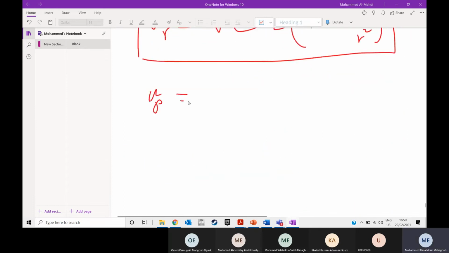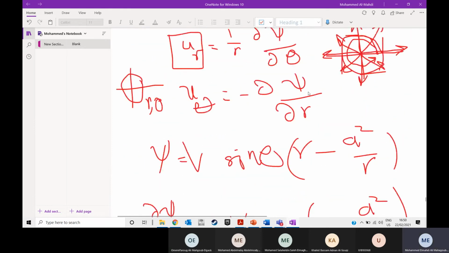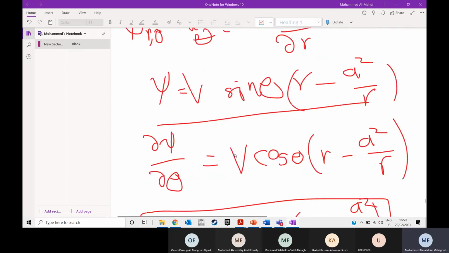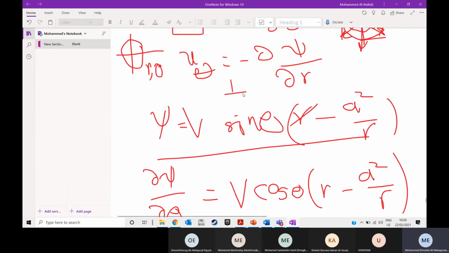Then U theta is equal to, we need to derive with respect to R and then multiply by the negative. So derive the stream equation with respect to R. This R will be gone, it will be 1. And for this one, what's the derivative of 1 over R? It is minus 1 over R square, right?